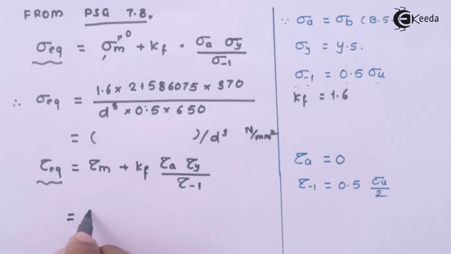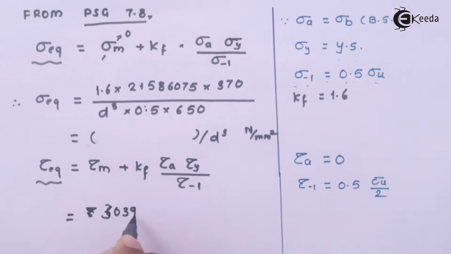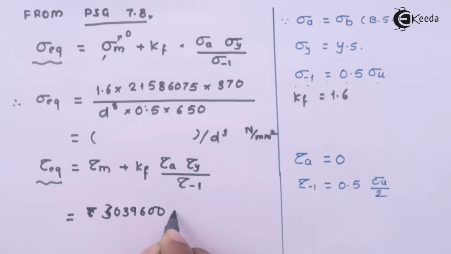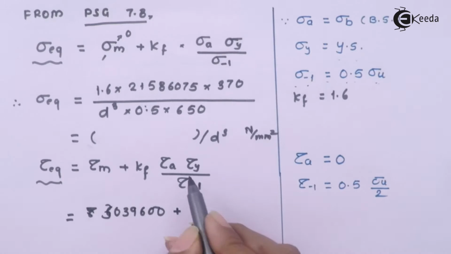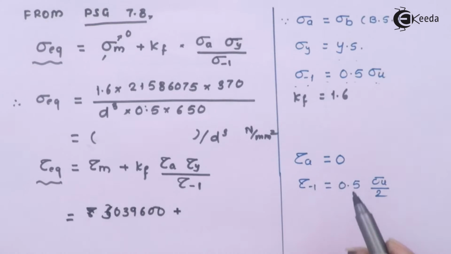T mean here is tau only, so the value is in terms of, let me write the value, instead of tau, it is 3039,600 plus the Kf factor, and all other things are void because the Ta value is already 0 in our case, so this value particularly becomes 0, so it remains T cube.